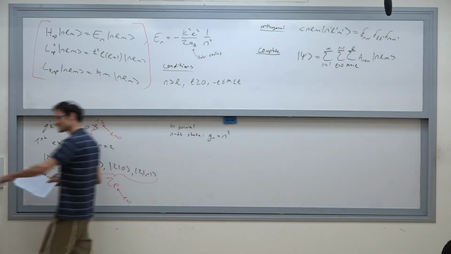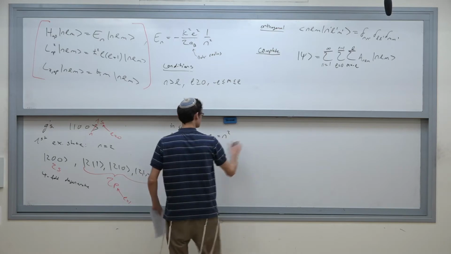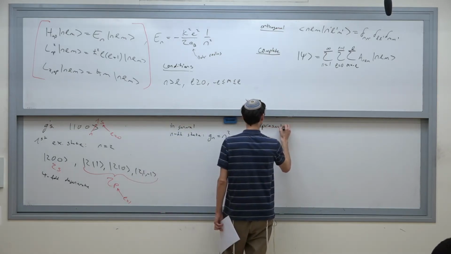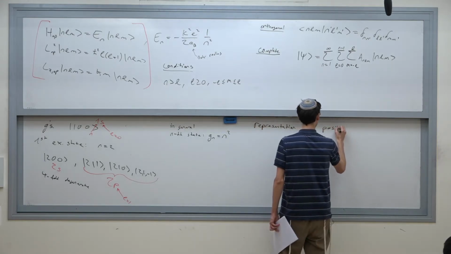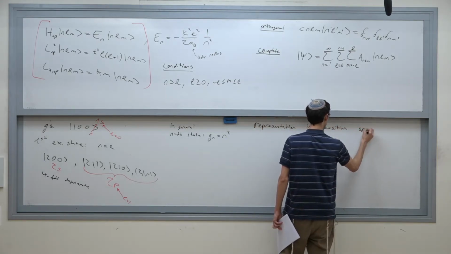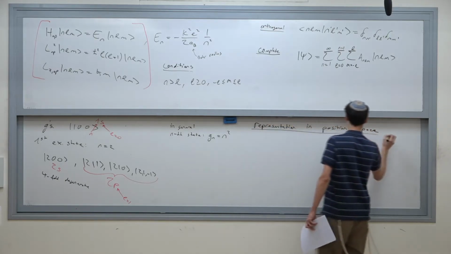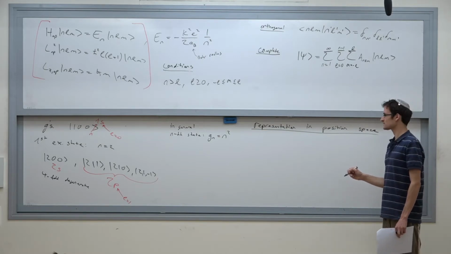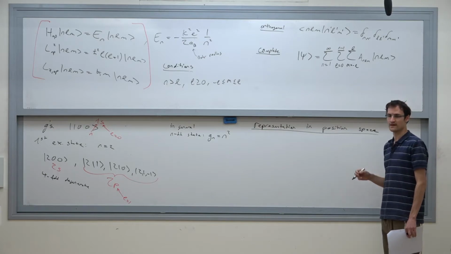Okay, position space. That's where it gets fun. Knowing the wave function in position space will let us calculate probabilities of where to find the electron.